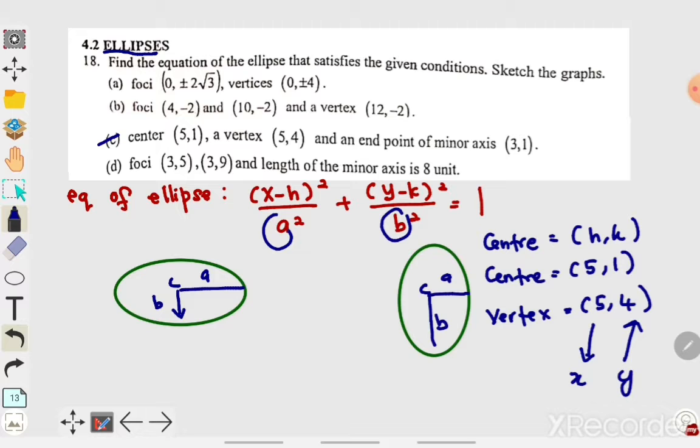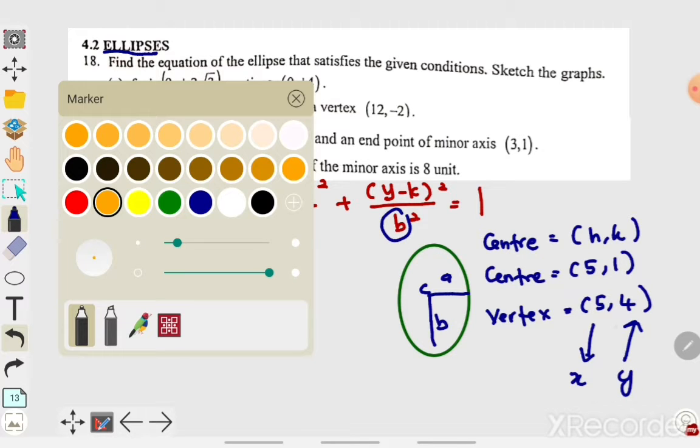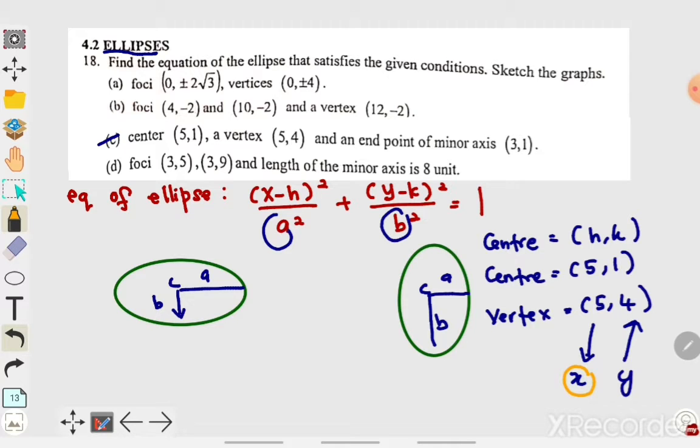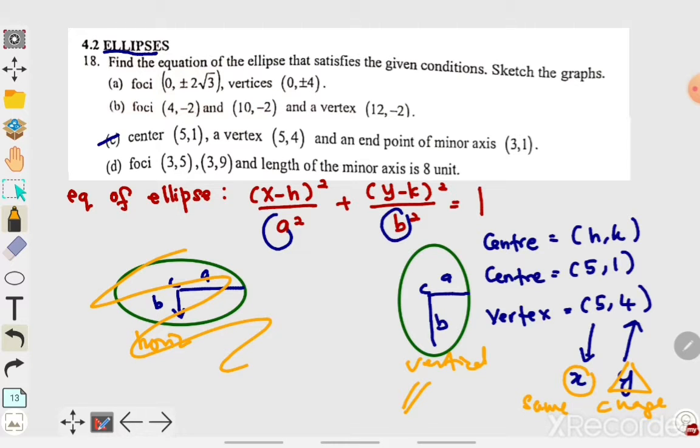By referring to these two points, we can simply say that the 5, the x-coordinate, stays the same, but the y-coordinate changes. Since y changes, what do you think the shape is, horizontal or vertical? If y changes, that means the major axis is parallel to the y-axis. So this is a vertical ellipse.